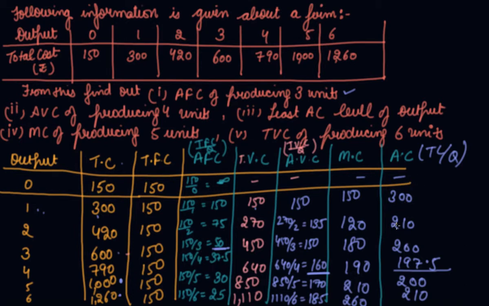At unit 4, right? MC of producing 5 units: your marginal cost of producing 5 units is 210. Your TVC of producing 6 units, total variable cost of producing 6 units, is 1110. So in this way you can find out all the given information from this table if you know the formulas and how to calculate it.